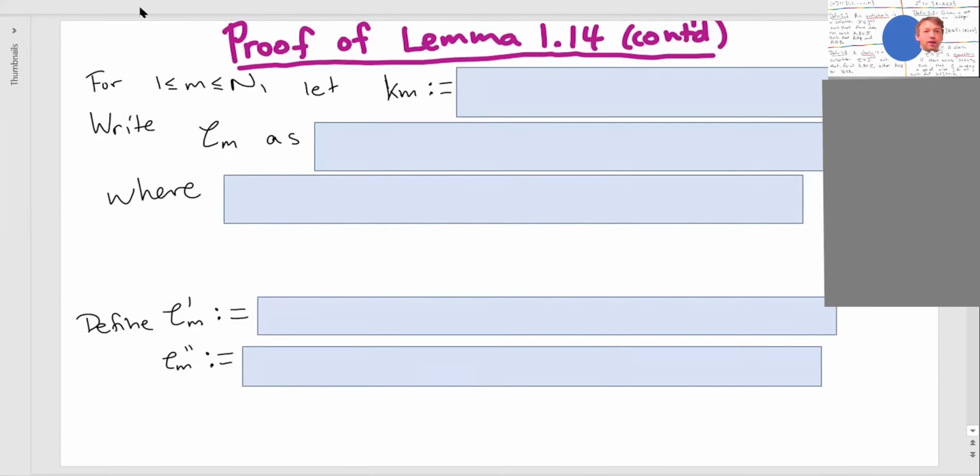Just a bit of notation. For m between 1 and N, I can let k_m be the minimum size of a set in the m-th chain. All of this is just setting up the notation. Write the m-th chain as X_m,k_m, X_m,k_m plus 1, and so on.